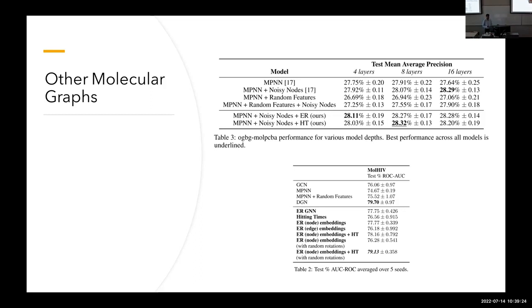I think it's a good question, because it's not clear whether the win you're getting is due to the affinity measures or just the noisy nodes. But actually you are getting wins even without the noisy nodes. I think these are just the best results we got, which get slightly better with noisy nodes. And maybe one more question.